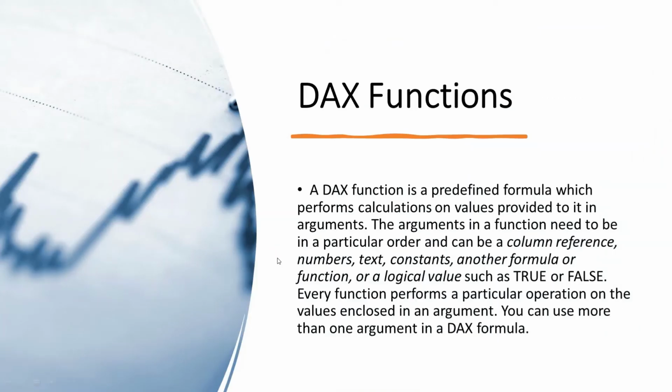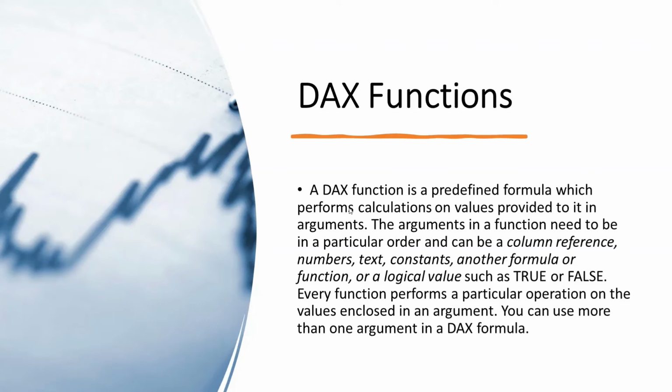Now, moving on to the next part, that is DAX functions. A DAX function is a predefined formula which performs calculations on values which are provided to it in the form of arguments. The arguments in a function need to be in a particular order.